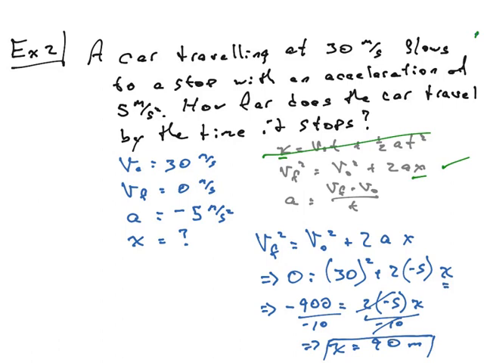So you throw a rock into the air, or you drop a rock off a cliff. Something very important to know is that the acceleration due to gravity is a very special number. It's called little g, and it's equal to 9.8 meters per second squared.